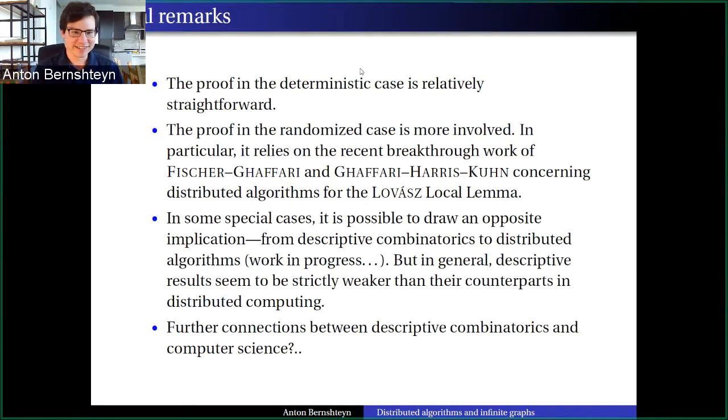But in general, in full generality, there's definitely no converse to the theorem. There are situations where there is a measurable coloring, but you can show there is no randomized algorithm running in little o of log n. But it feels like there should be something else, like there has to be a way of relaxing the notion of the local algorithm to make the correspondence complete.